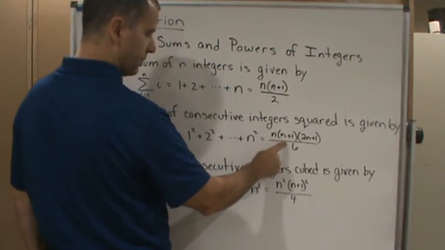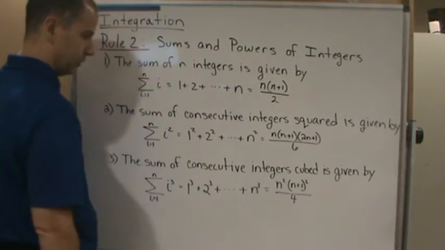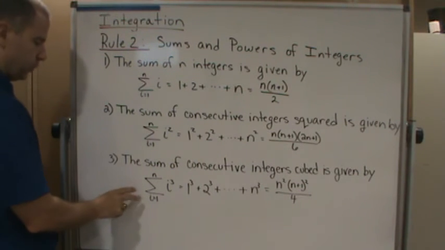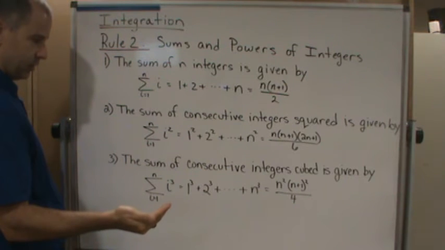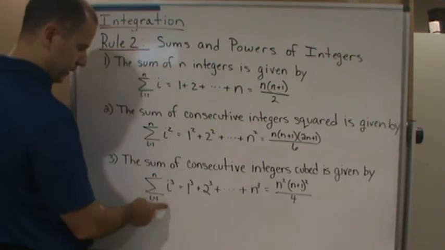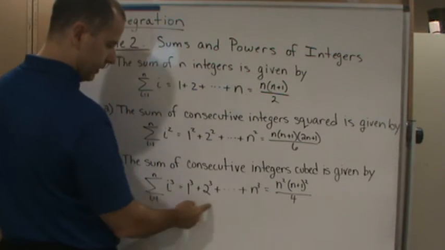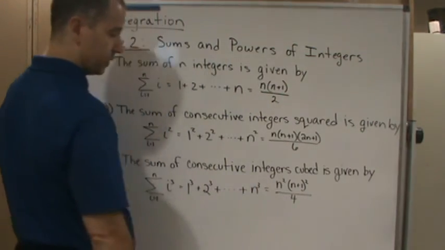It's n times n plus 1 times 2n plus 1 divided by 6. And then for cubes, the sum of the first n cubed integers, which would be denoted by this, is given by n squared times n plus 1 squared divided by 4.